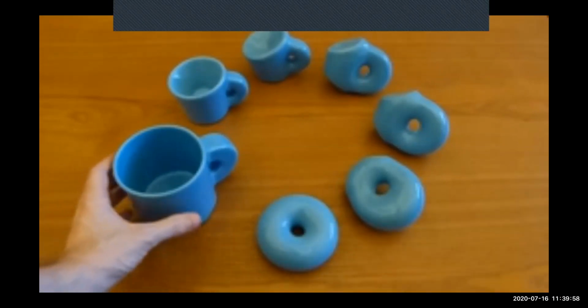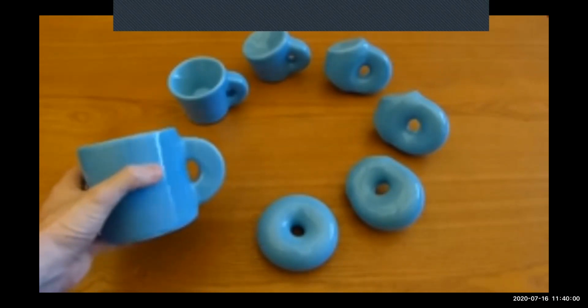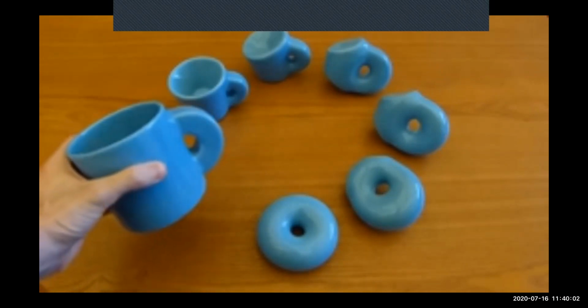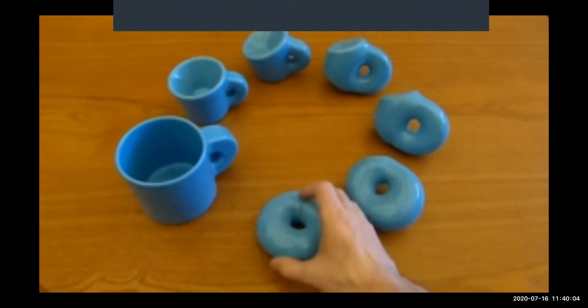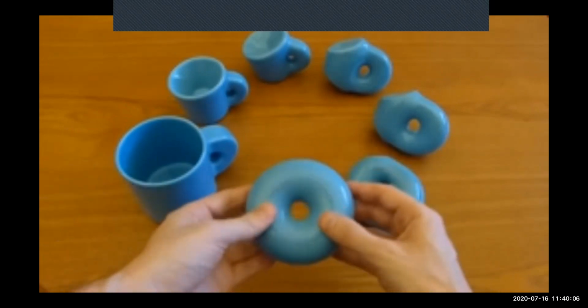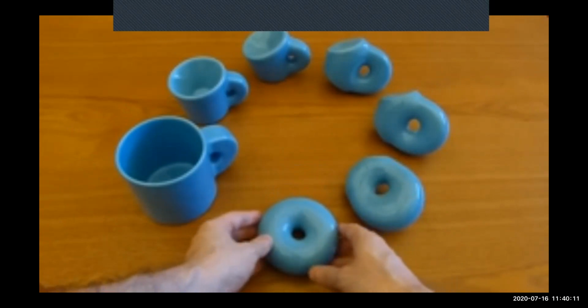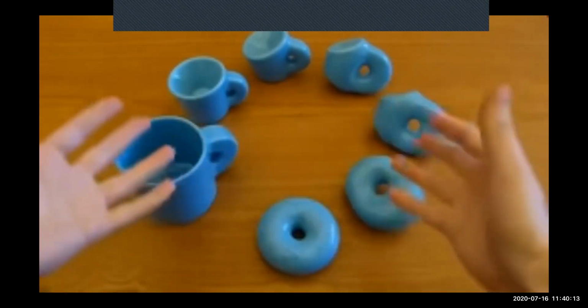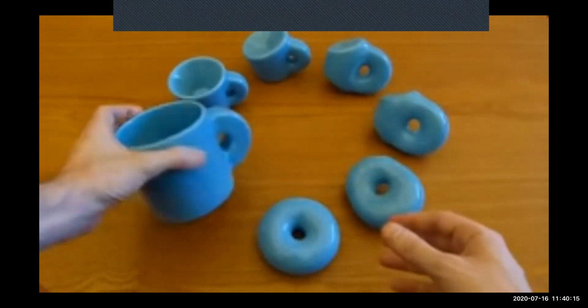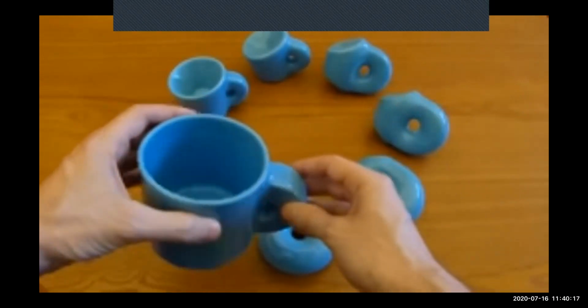So there's an old joke in topology. A topologist is somebody who can't tell the difference between a coffee mug and a donut. Topology is the study of geometrical objects when you don't care about lengths and you don't care about angles. All you care about is the sort of global shape properties. And so everything's made out of very stretchy rubber.